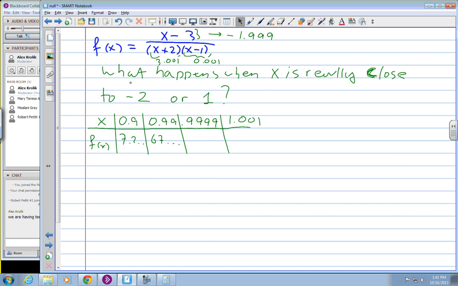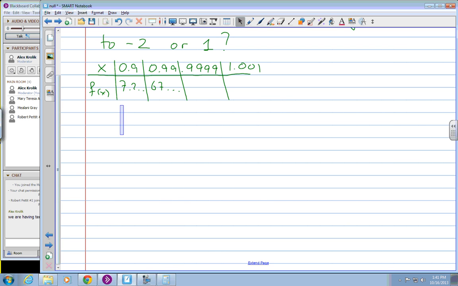So if I think about the graph of this function, as I'm getting closer and closer to 1 from the left side, so 0.9, 0.99, 0.999, the values of my function appear to shoot really, really high. They were very large positive numbers. At the same time, as I was getting closer to 1 from the right side, 1.1, 1.01, and so forth, we're getting a really large negative number.